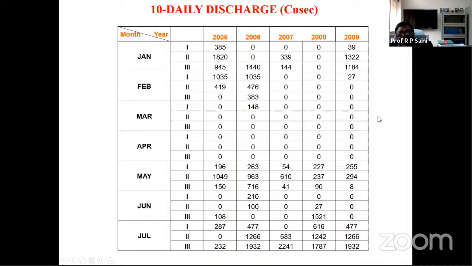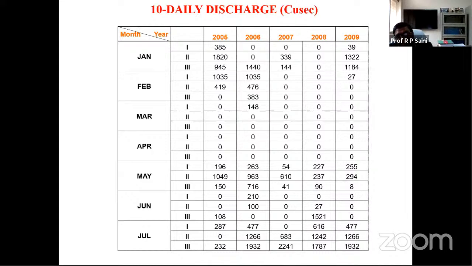Now what you have to do, take the 10 days discharge. Throughout the year, not too much discharge variation will be there, but then you take the 10 days. Suppose in the month of January, from January 1st to January 10th, you have one value. That is one average. So in the month of January, how many values will you have? 3, because 10 days are averaged.